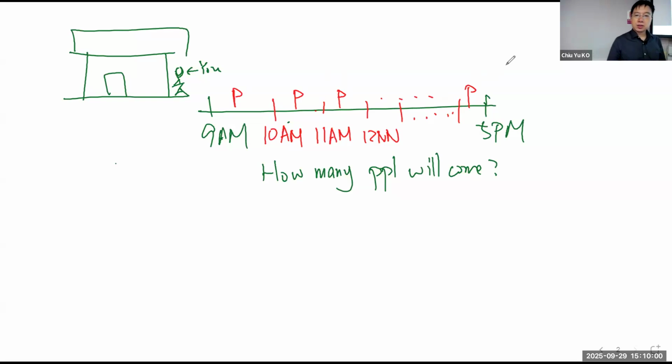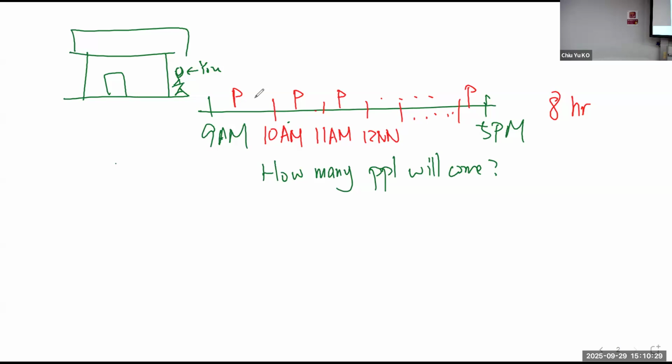So from 9 to 5, how many hours? 8 hours, right? So each one has probability P, people will come. So that is what? That is binomial, with n equal to 8, P equal to P, right?